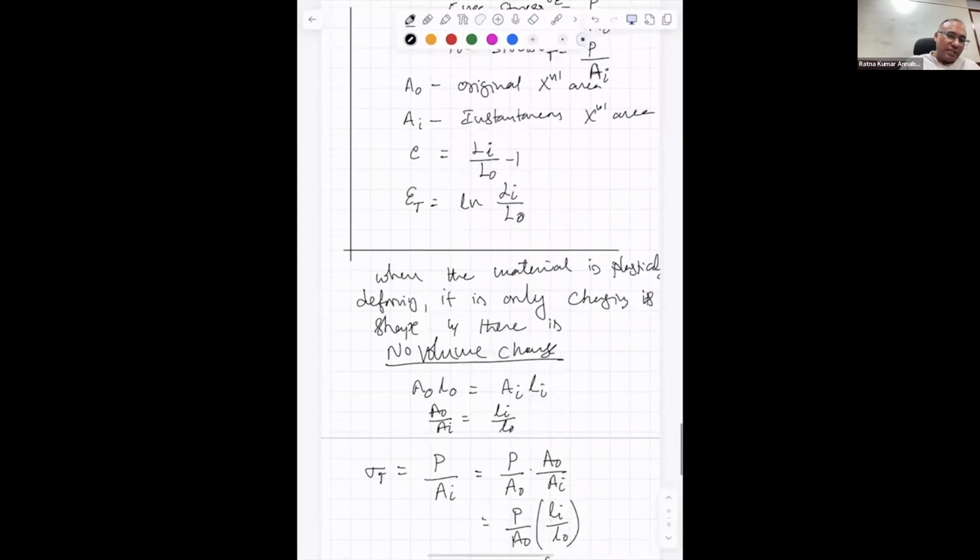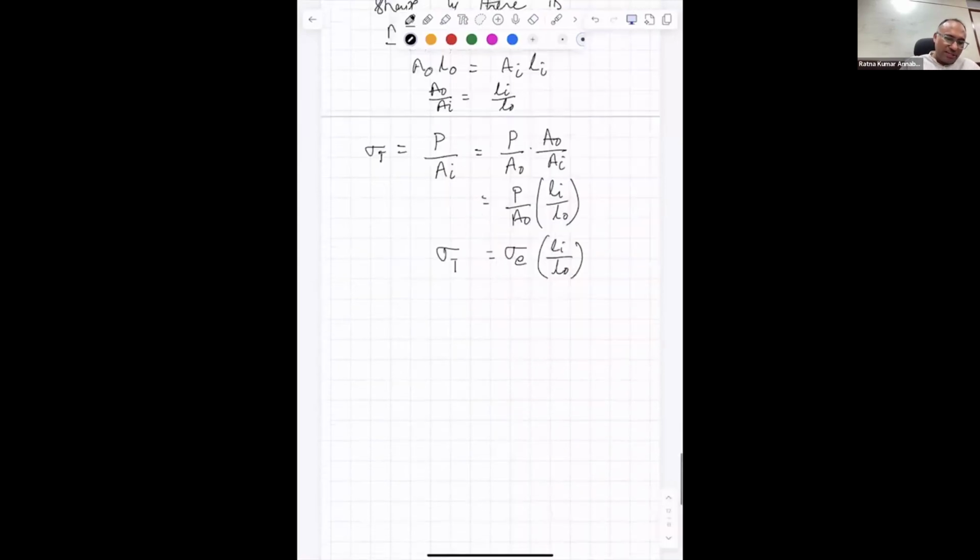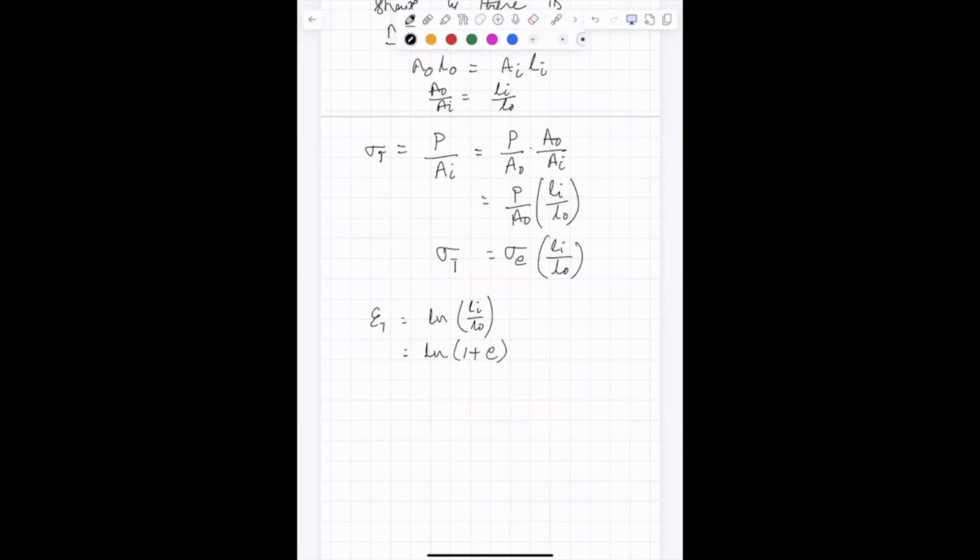What we have learned here, true strain is equal to natural log of Li by L0. So this implies epsilon T is equal to natural log of 1 plus e.